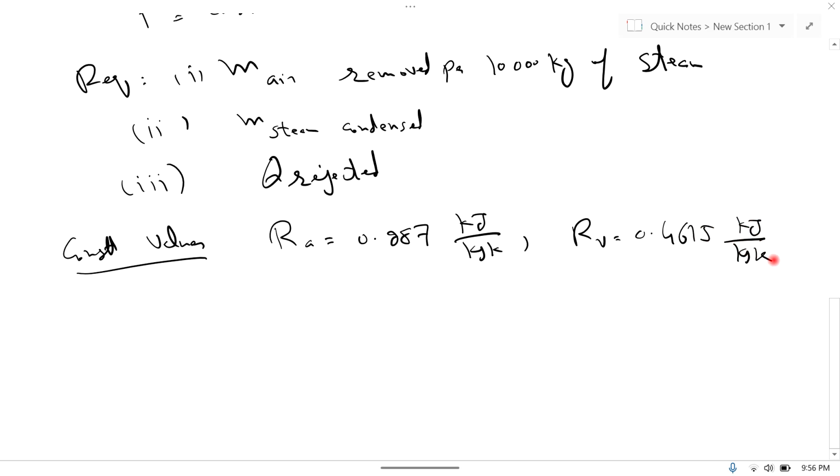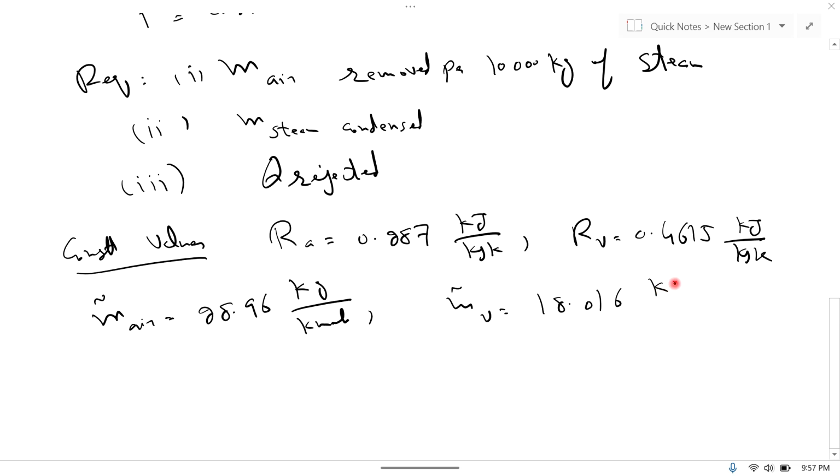R is basically the ideal gas constant. Molar mass of air is equal to 28.96 kilogram per kilomole, and molar mass of vapor is equal to 18.016 kilogram per kilomole.